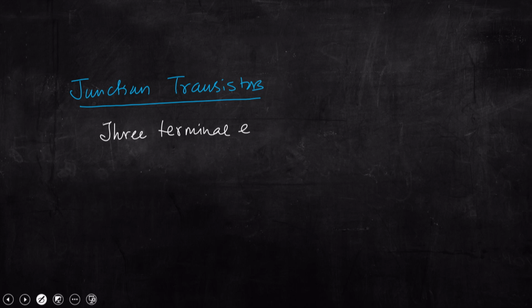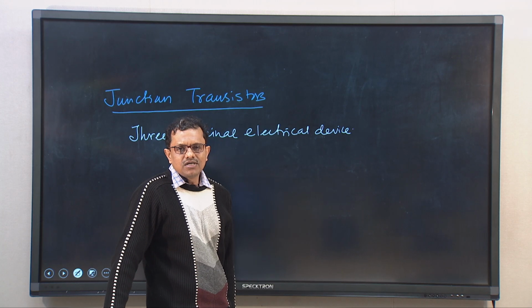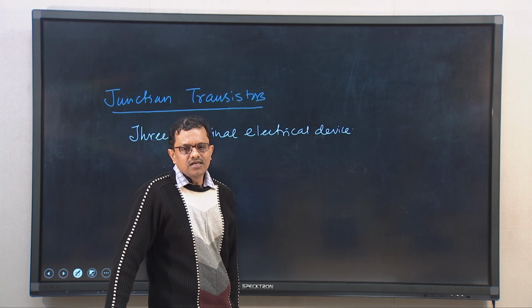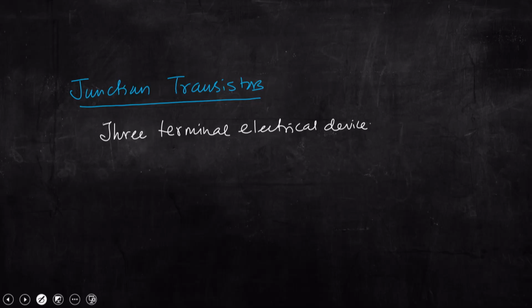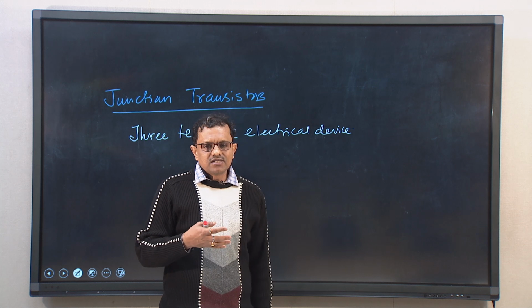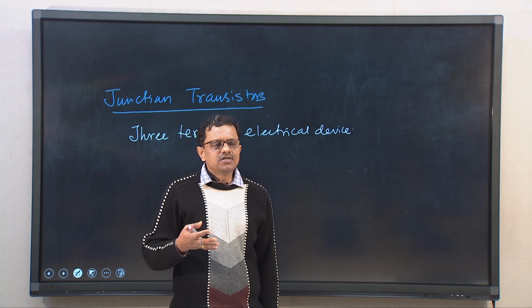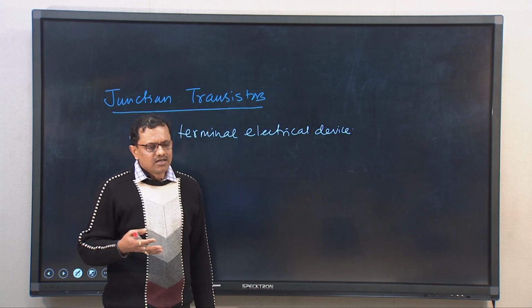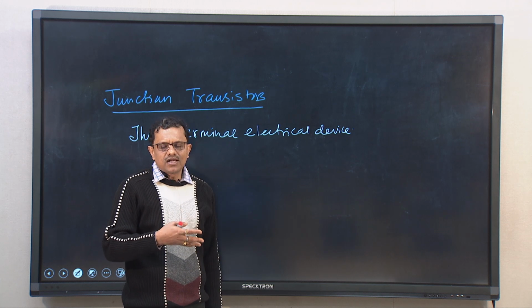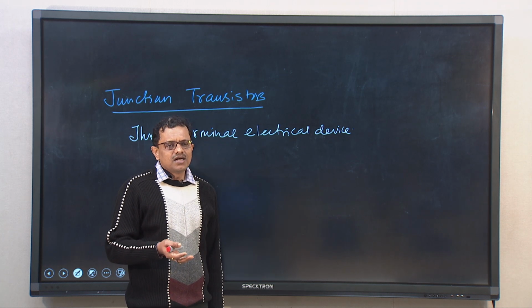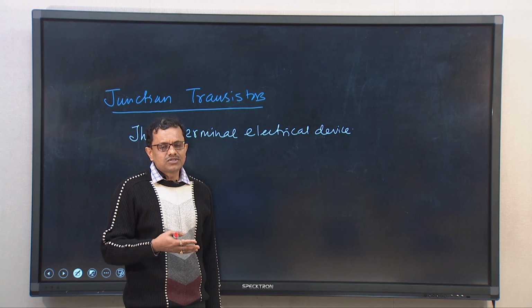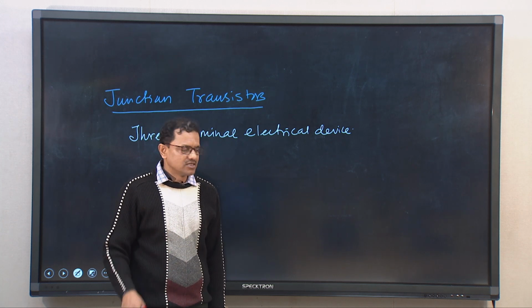Diodes are 2 terminal electrical devices, but transistors are 3 terminal electrical devices. These transistors have manifold applications, essentially or rather typically for current amplification. Sometimes these transistors are also used as switch. We will discuss this part.